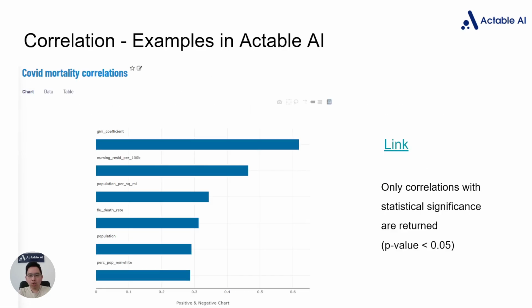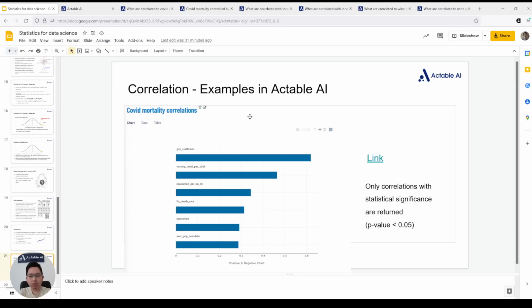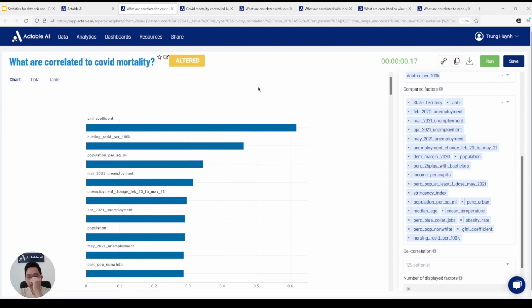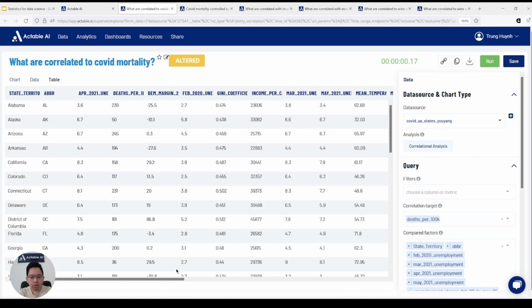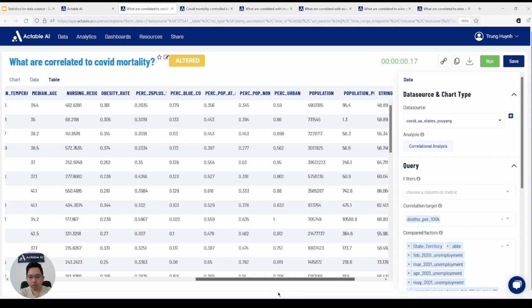So now I'm going to show an example of how to find correlation using Actable AI. Here I have a data set of COVID mortalities in different states in the US. For each state, I have the mortality rate in July 2021.